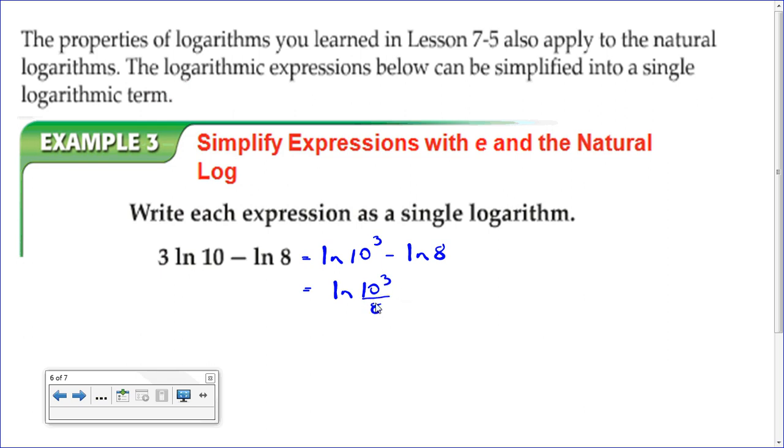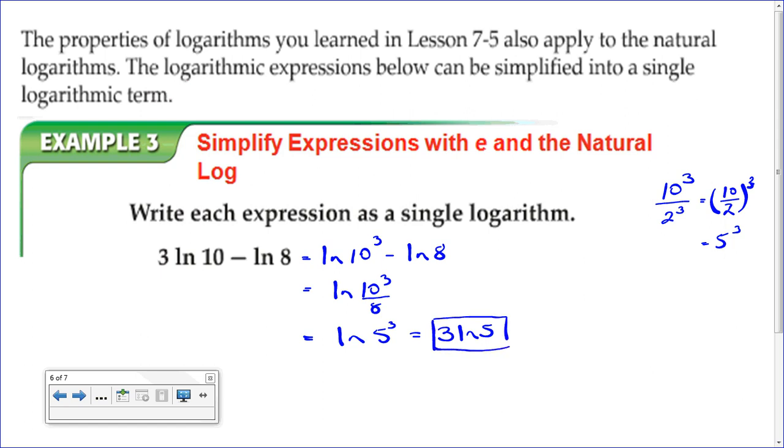Now, 8 is 2 to the third power. So I've got 10 to the third power over 2 to the third power. Since the powers are the same, I could consider this the third power of 10 over 2, which is 5 to the third power. So this is the natural log of 5 to the third power, and I can rewrite this as 3 natural log 5. That's the simplified form.